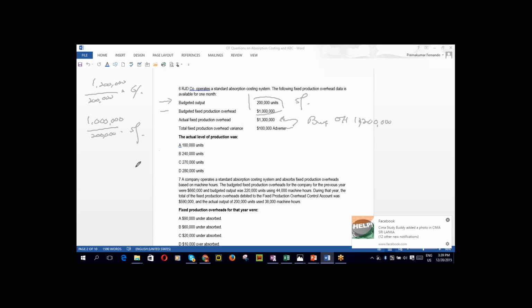Now what we are trying to find out is the actual level of production. Total fixed production overhead is 1,300,000, and we know what is allowed is 100,000 less, as the total fixed production overhead variance is 100,000. So 1,200,000 is our overhead.